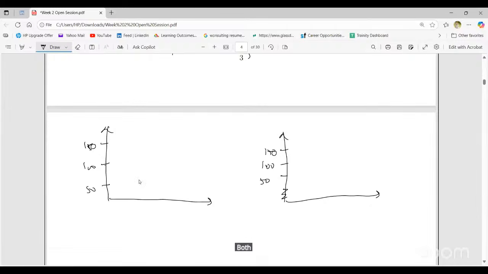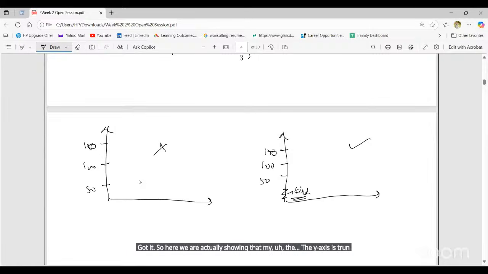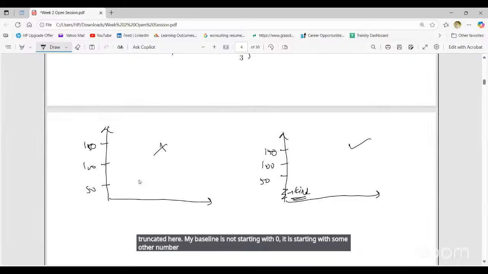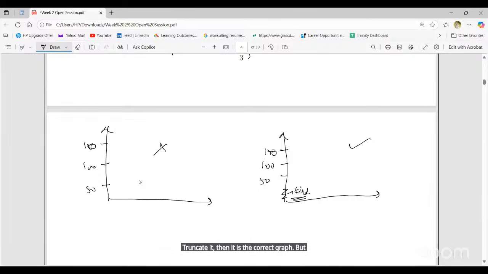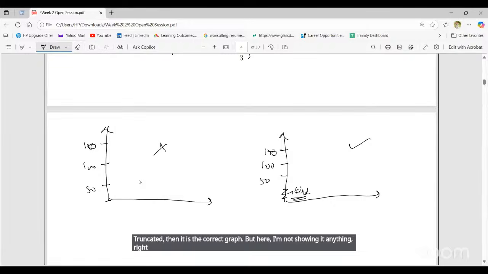The right one is correct and the left one is incorrect. Why is this one correct? Because there is a kink which is representing the gap. Correct. So here we are actually showing that the y-axis is truncated. My baseline is not starting with 0. It is starting with some other number. If I'm telling the people that it is truncated, then it is a correct graph. But here I'm not showing anything, so this is not a correct graph.